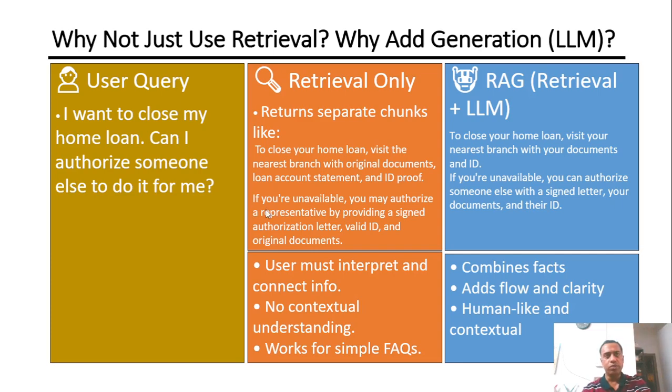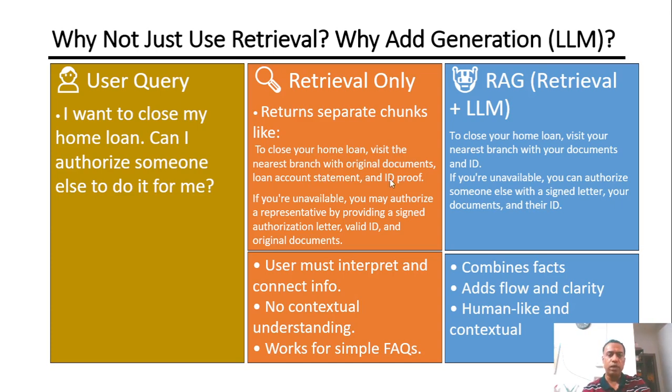Now, if this was to be a simple FAQ, then it's fine. It serves the purpose. But that's not what we're looking for, right? The user will actually have to look at all this information and try to interpret it. But when it comes to RAG, you have retrieval plus LLM, so the response would look something like this. To close your home loan, visit your nearest branch with your documents and ID.